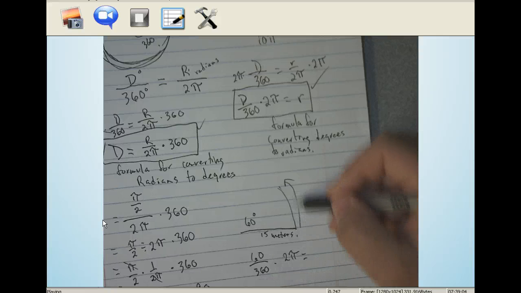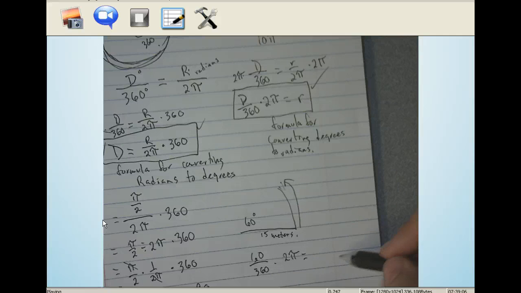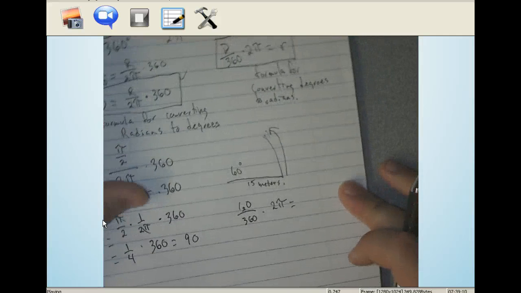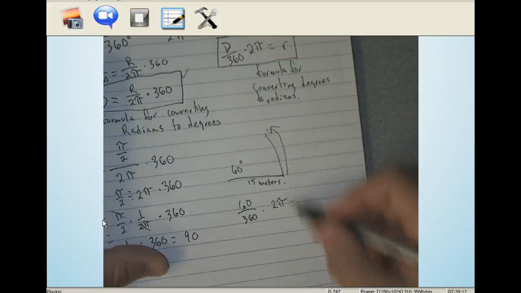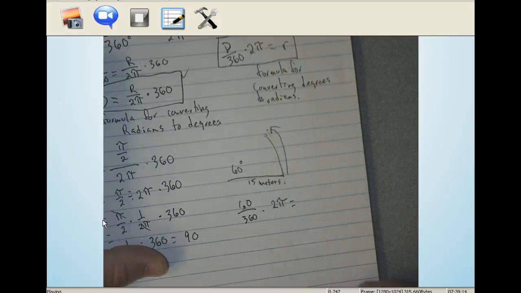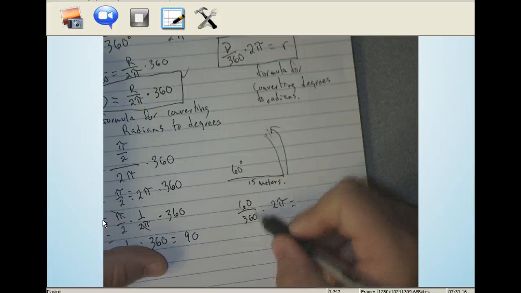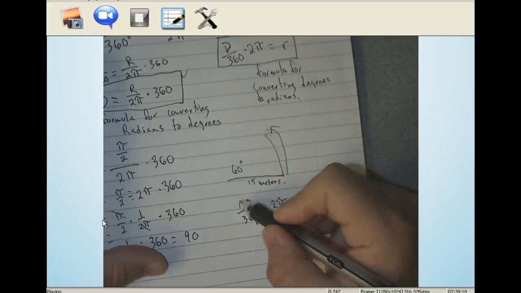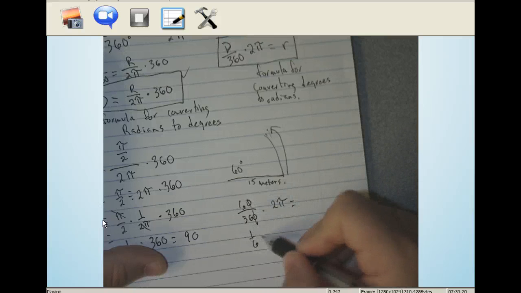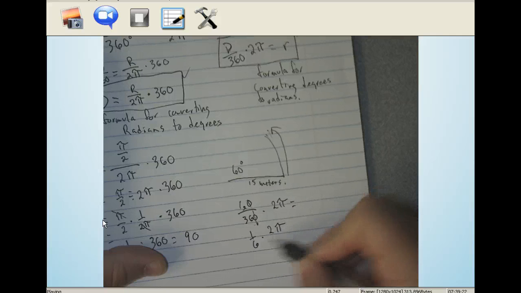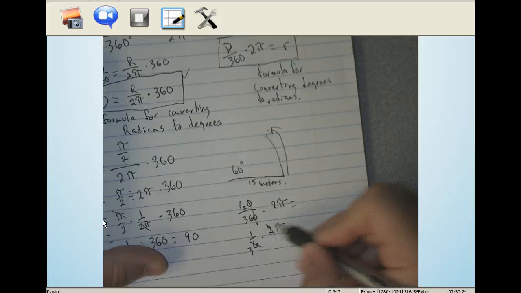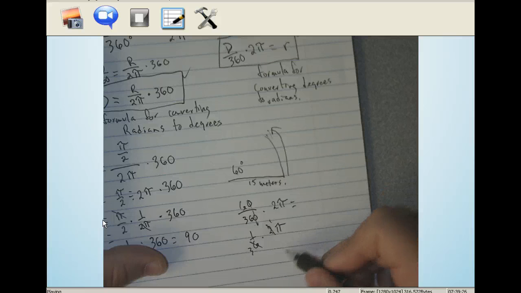That'll tell me how many radians this is, and then I'm going to multiply it by 15. So 60 divided by 360, the zeros will cancel, and this is 1/6. 1/6 times 2 pi, and here this will turn into 3, and that turns into 1. So we get pi over 3 radians.